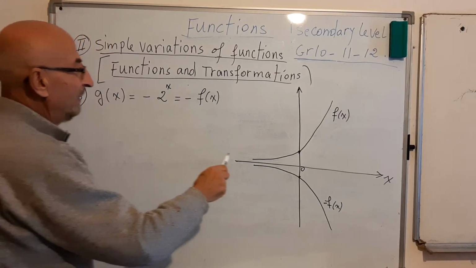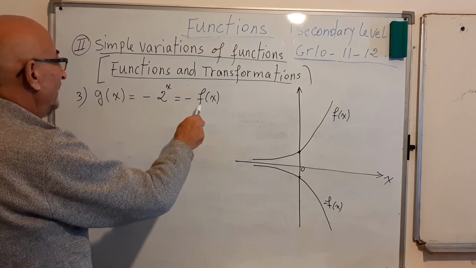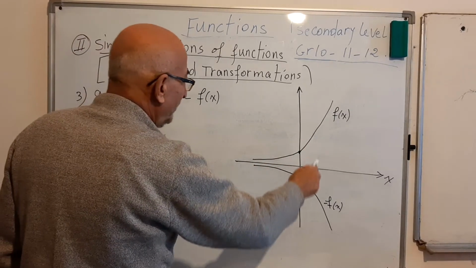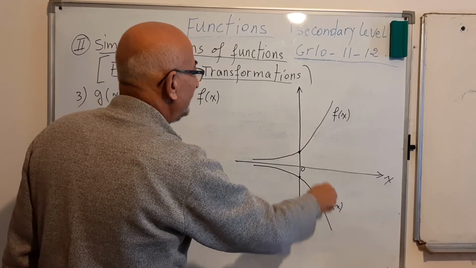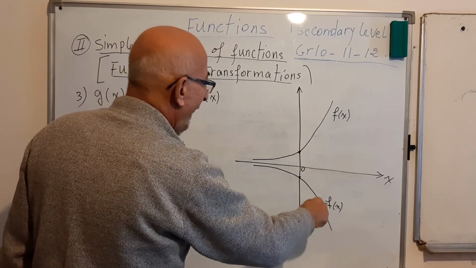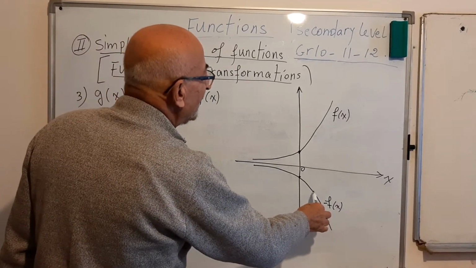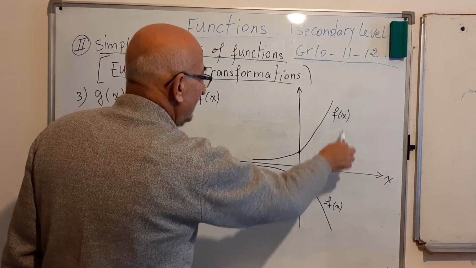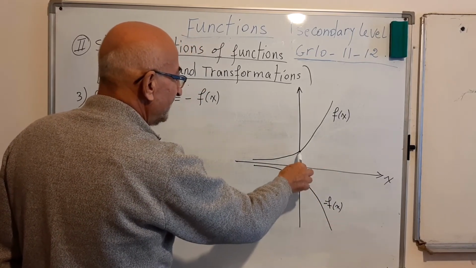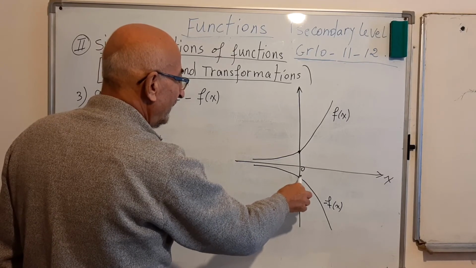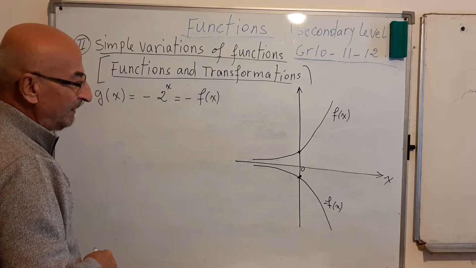In general, if we have two opposite functions, f of x and minus f of x, for the same x we have two opposite values of y for the functions f and g.